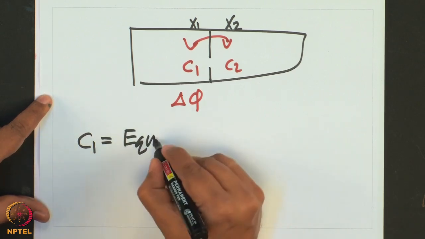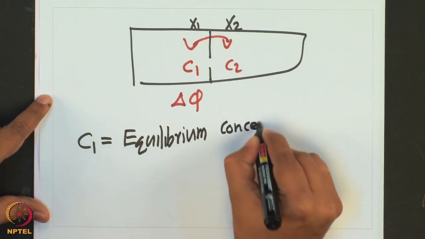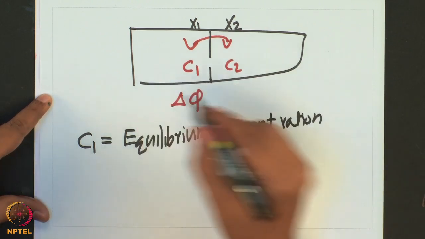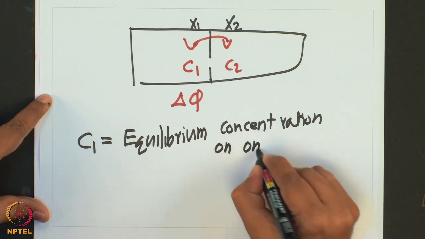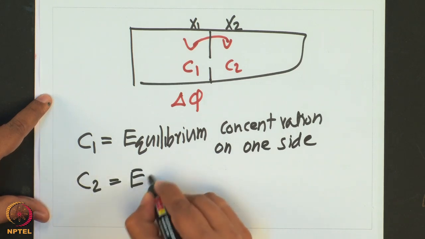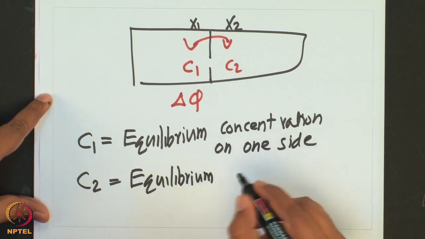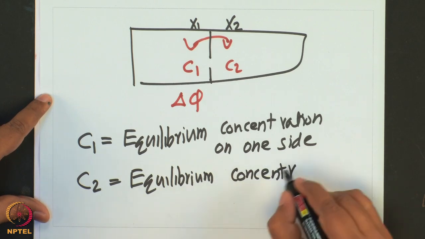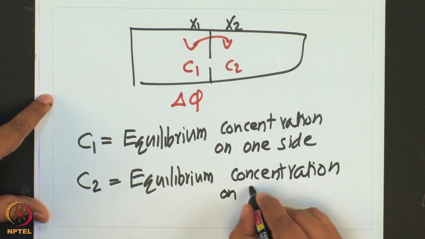This is different from C1 0. C1 is the equilibrium concentration on one side. C2 is the equilibrium concentration on the other side, that is, after a long time when both the flows balance.